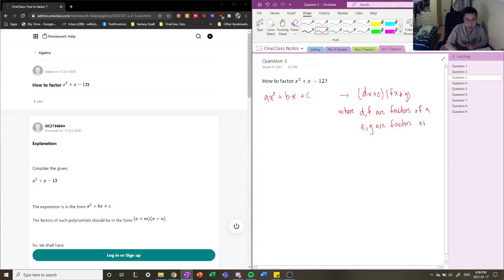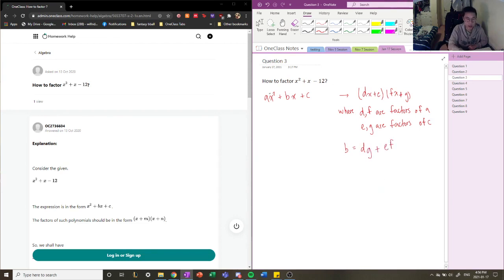You can directly factor it using the cross multiplication method if and only if b is equal to d times g plus e times f.